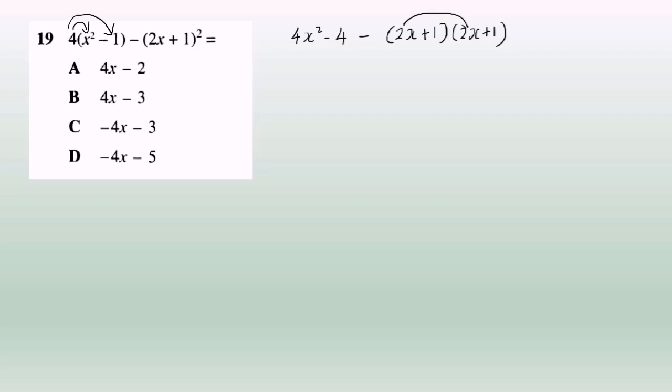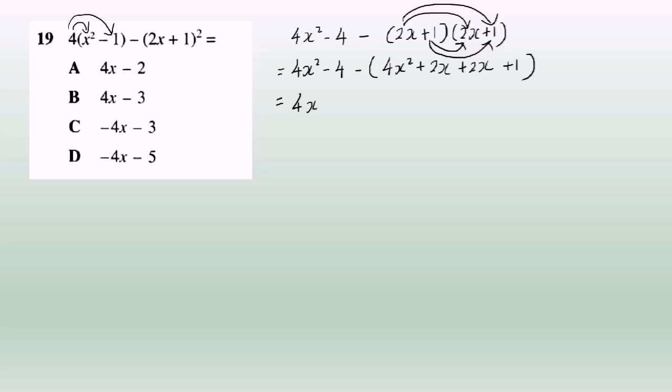Expand these two brackets. 2s times 2s is 4s squared, 2s times 1 is 2s, and here also 1 times 2s is 2s, and 1 times 1 equals 1.